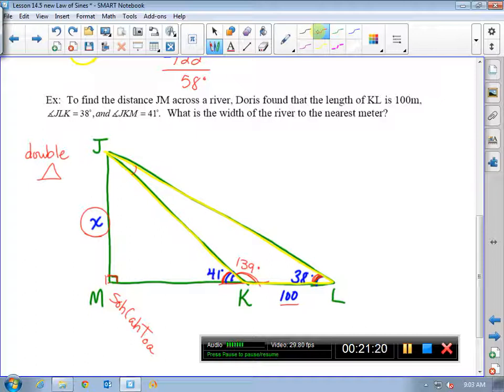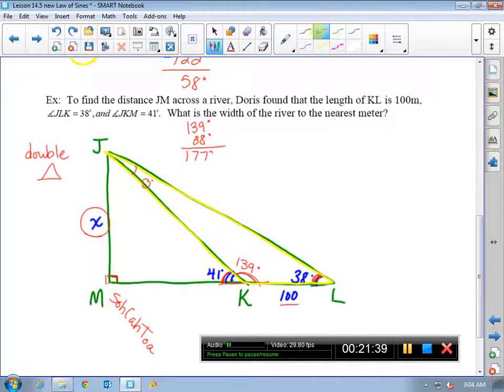So then I'll have all of the angles. And that upper angle is going to be 139 degrees, 38 degrees. We've used up 177 degrees, so this skinny angle is only 3 degrees.